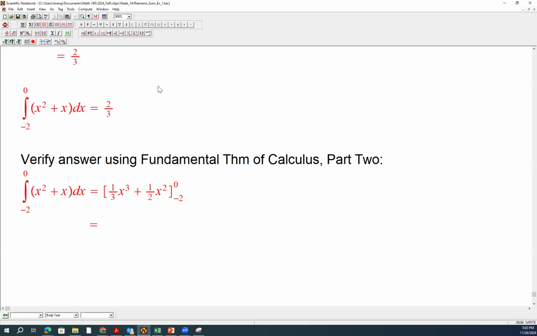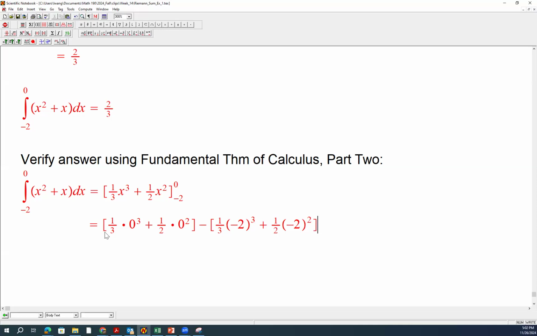Please look at your index card of fundamental theorem of calculus part 2. So capital F of b, b is 0, right? In the bracket, we're going to plug in b, which is 0. On the second part, we're going to replace x by -2.